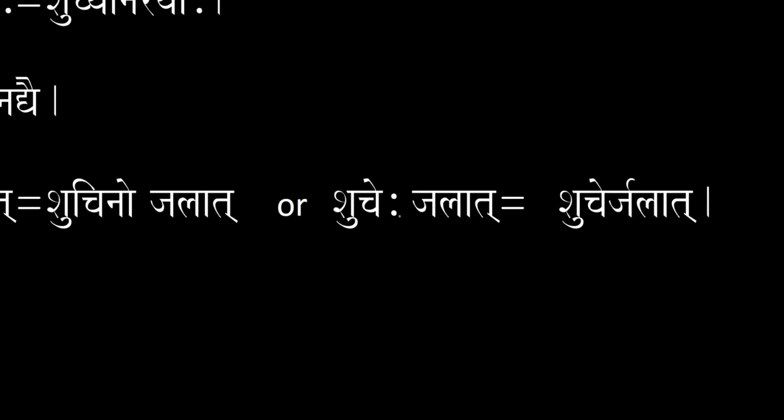Then suchehe jalat becomes sucher jalat, because when a visarga is preceded by any vowel except a or long a, and is followed by a soft consonant, which is ja here, then that visarga changes into a half ra, which is represented by this hook on top.